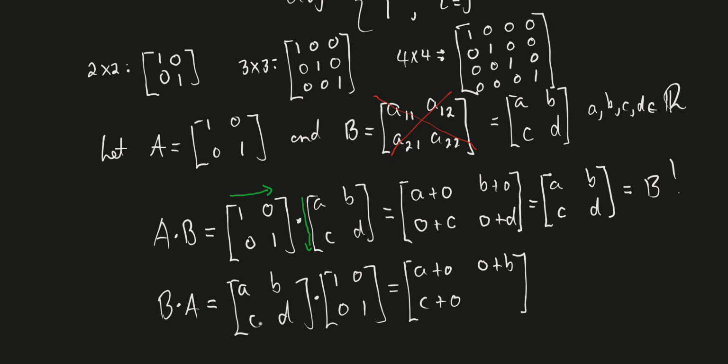And then finally, second row, second column, C times 0 is 0, and then plus D times 1 is D. And look at what we get back. A, B, C, D. So we still end up with our matrix B.